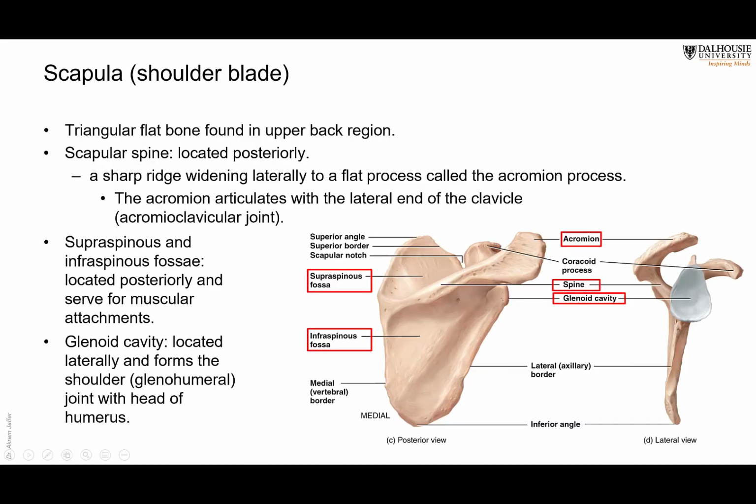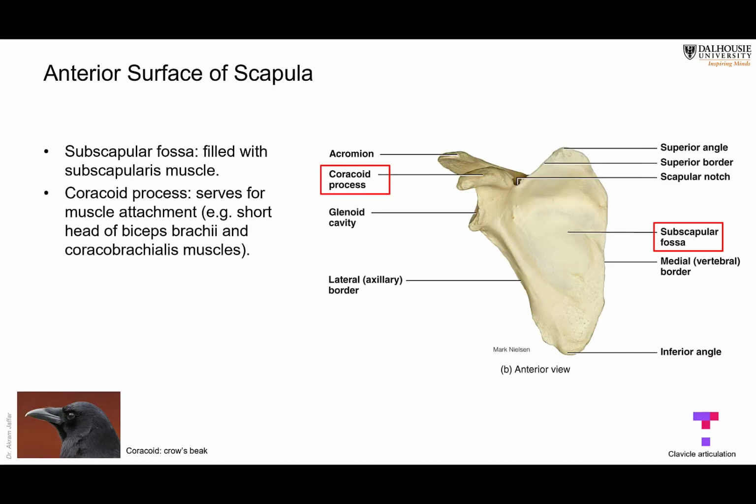process of the scapula. The scapula has another process which you can see anteriorly, and some of you might be able to feel it below the lateral end of the clavicle, and this is called the coracoid process. It's a little bit tapered, it looks like a crow's beak, and it's for attachment of muscles.